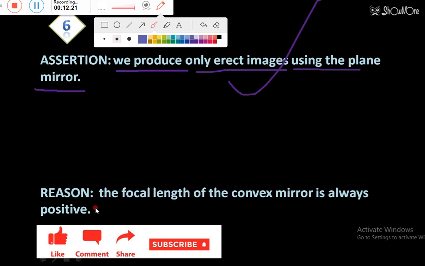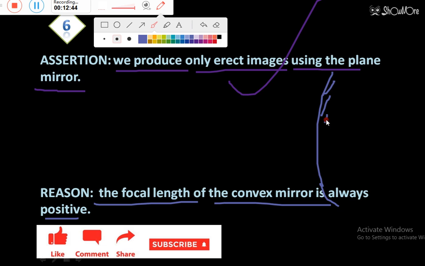Second one is, the focal length of the convex mirror is always positive. So this is convex mirror. Let's wait, I will draw it again. So this is convex mirror and its inner side is polished, and you know its focal length is positive.